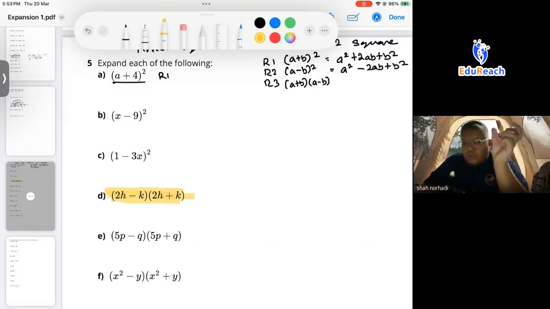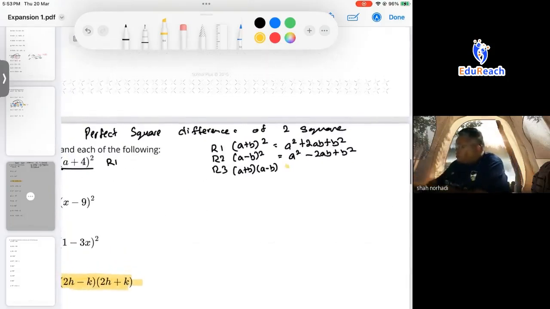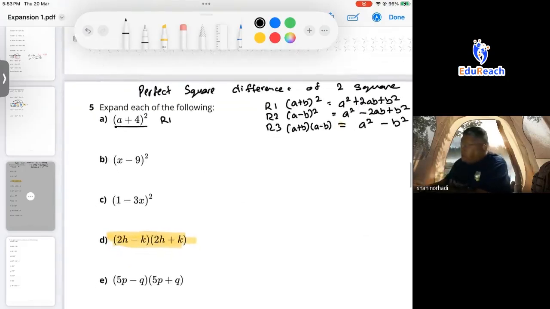So one is 2h minus k, then the other one is 2h plus k. So you multiply that. So this one, right, the outcome, right, will only be a square minus b square. Just like that.